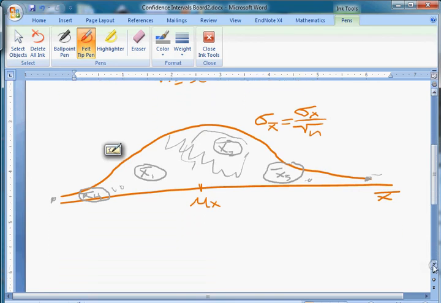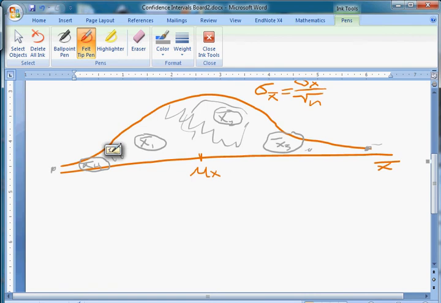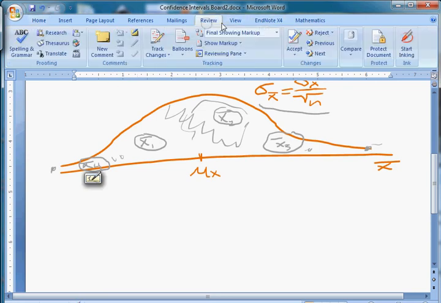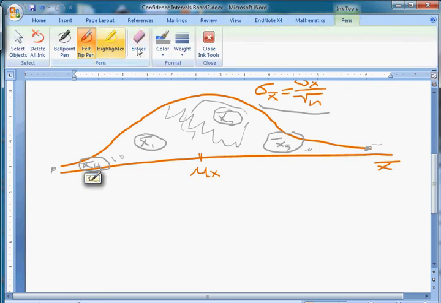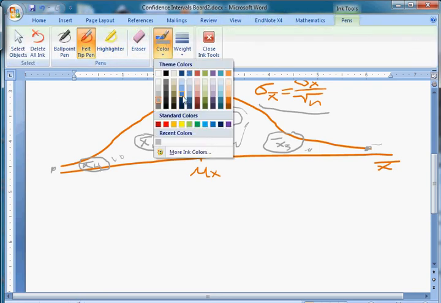The problem is that we don't know where this distribution is located. We know what it's shaped like, because we're still assuming that we know the standard deviation of the population. We don't know where it's located. So when we actually take a sample and make a guess at what we think the sampling distribution looks like, our best guess is like this.